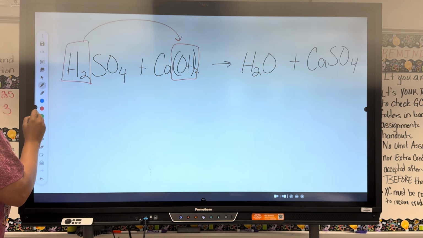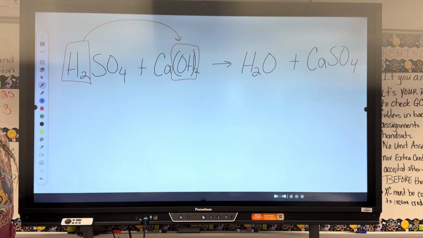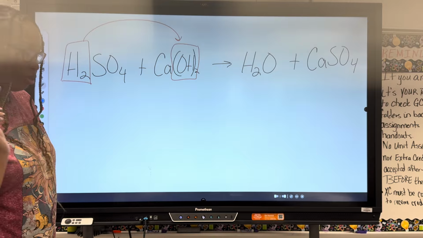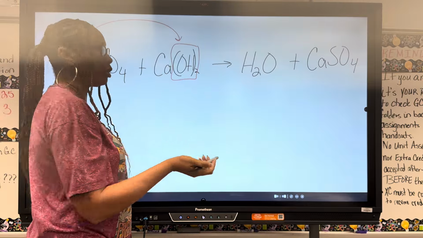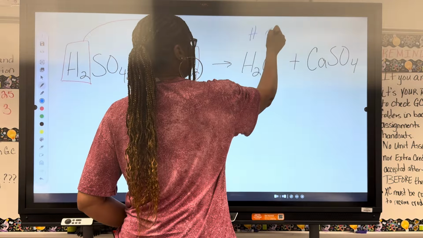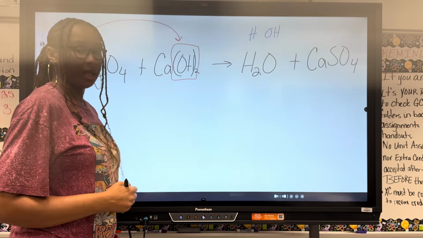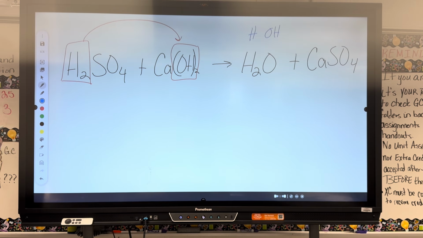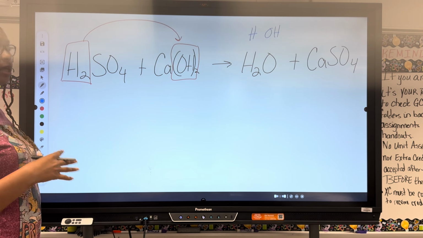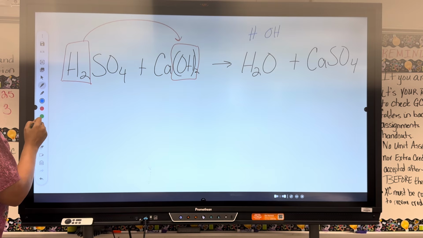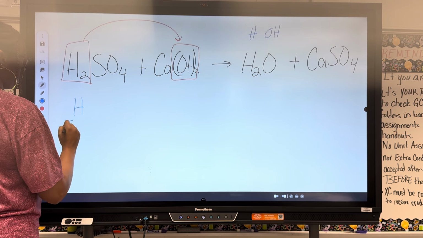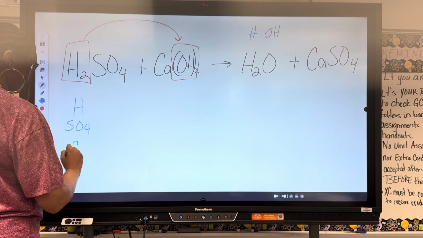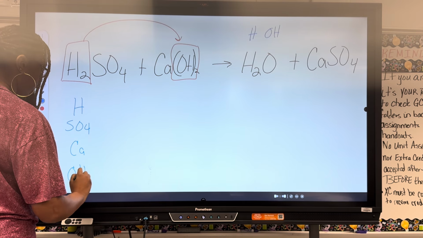Now, think of water this way, but don't write it this way when you're doing your chemical reactions. How was water formed here? It was hydrogen and hydroxide. So again, when I'm balancing, I want to keep my polyatomic ions separate. So when I go to balance this one, I'm going to put hydrogen, sulfate, calcium, and hydroxide.